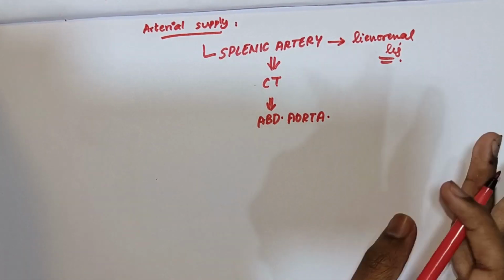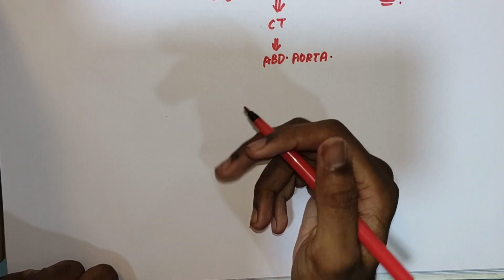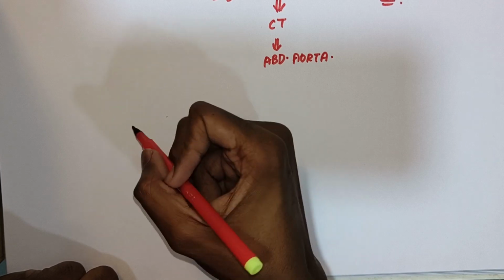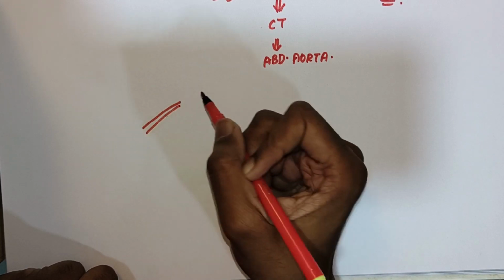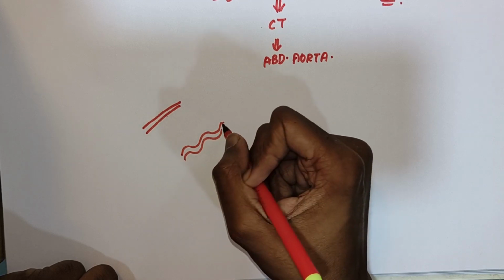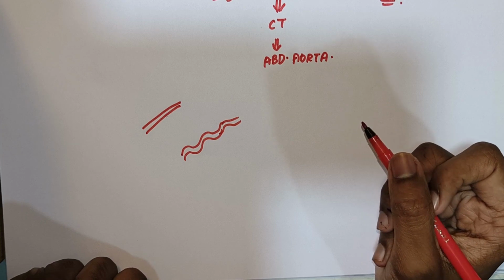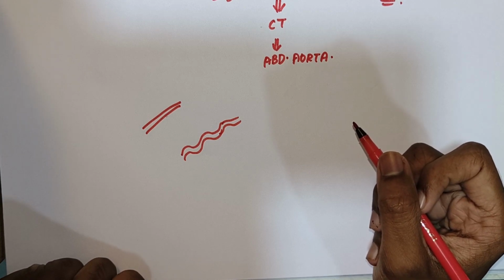This is all about the arterial supply of the spleen. One more thing that you should remember is that the splenic artery, unlike a lot of other arteries, is not straight. It is tortuous. Now, why is it tortuous? It is because the spleen is a distensible organ.